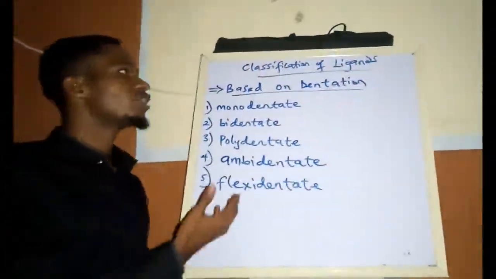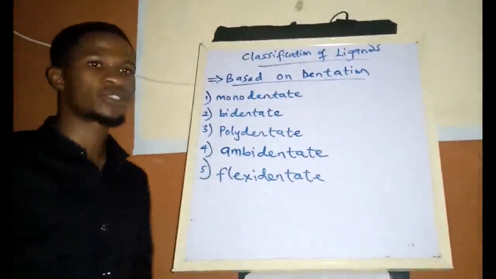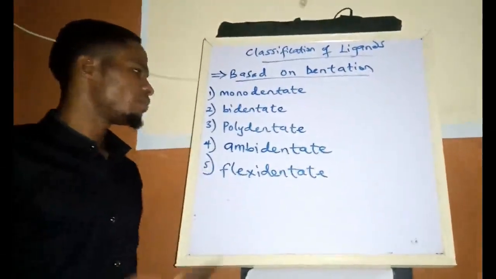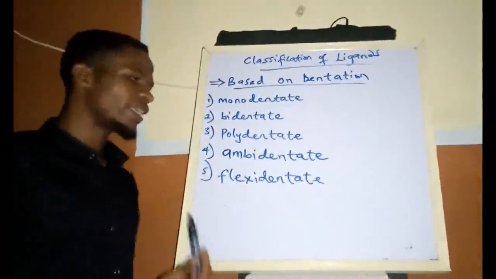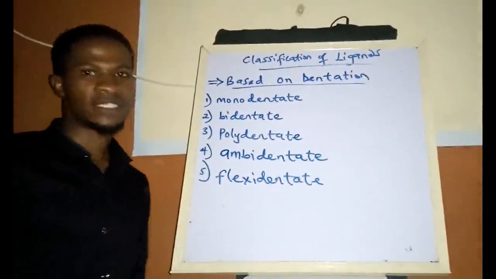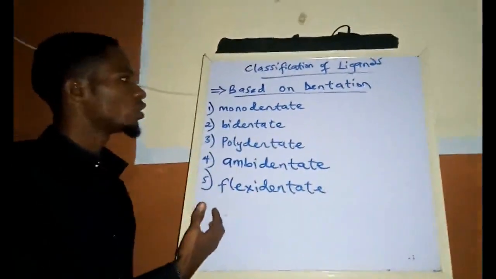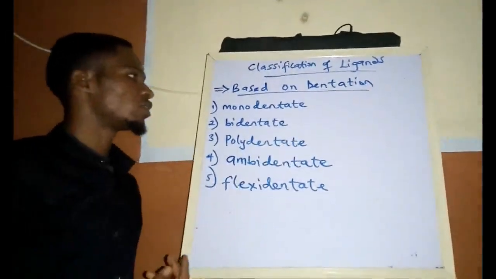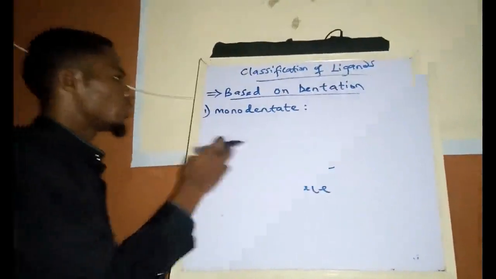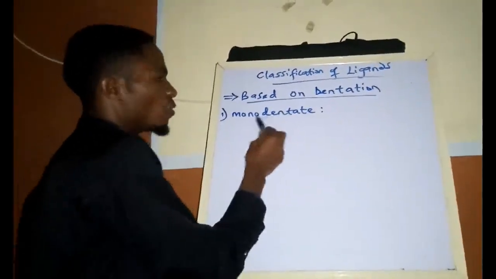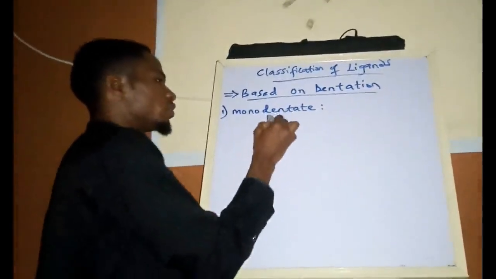For the classification of ligands based on dentation, we can have monodentates, bidentates, polydentates, ambidentates, and flexidentates. Let us now look into each dentate one after the other. Let's talk about monodentate. This is a compound word that contains mono.